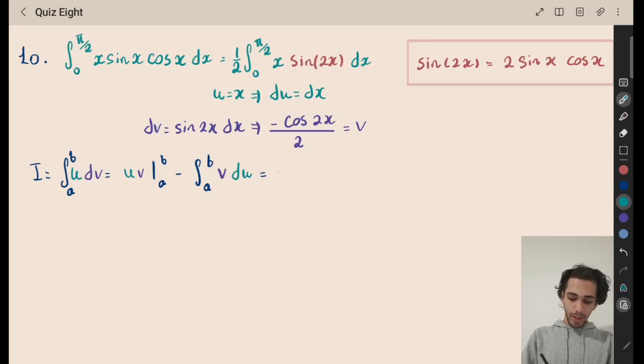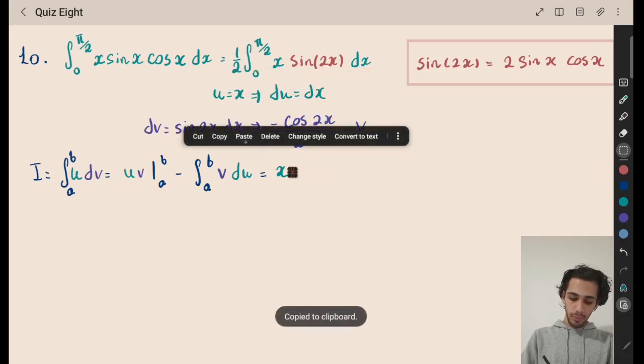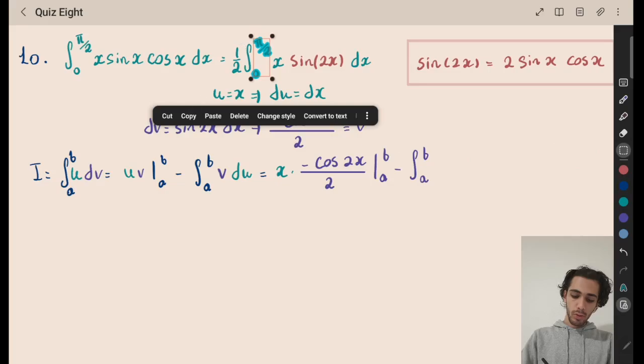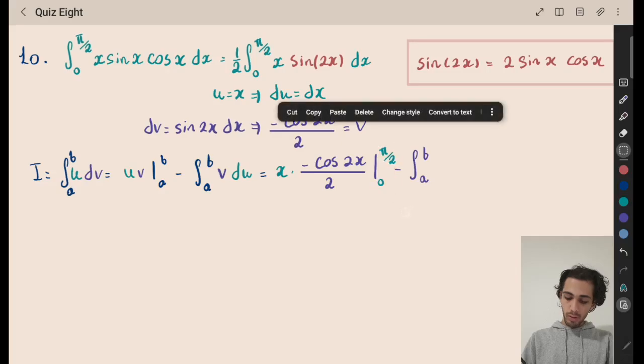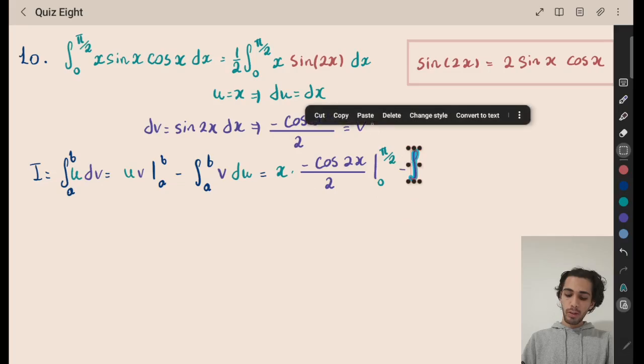So u is equal to x times v. So this is v. x times this quantity from a to b minus the integral from a to b. Well, a to b are just 0 to pi over 2. And then I plug in 0 to pi over 2 again.